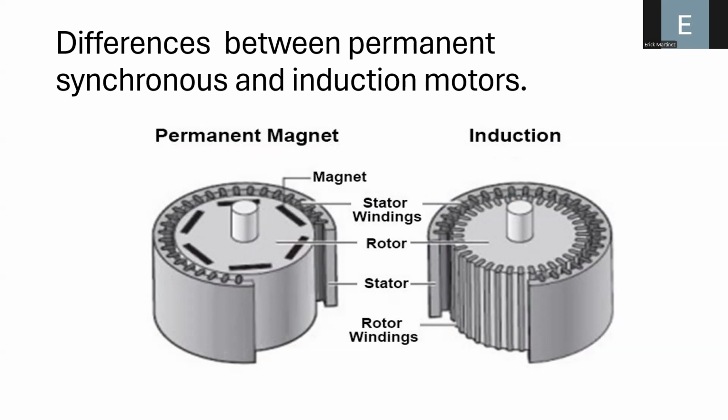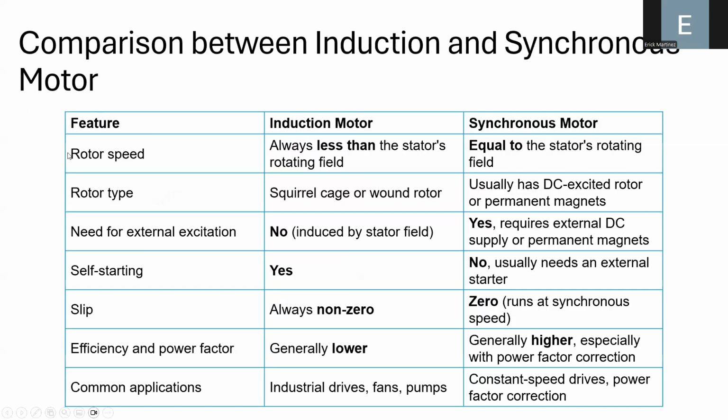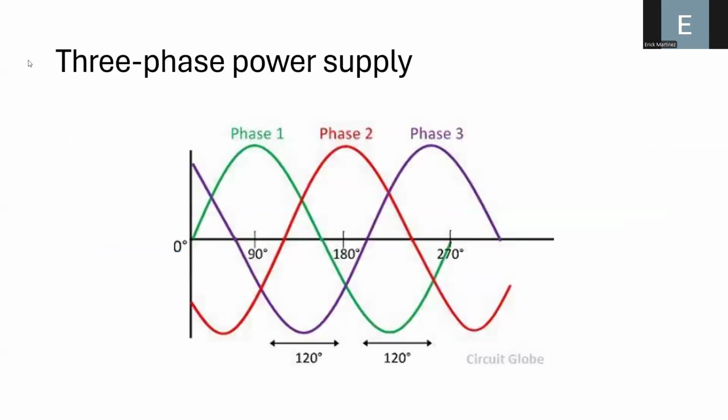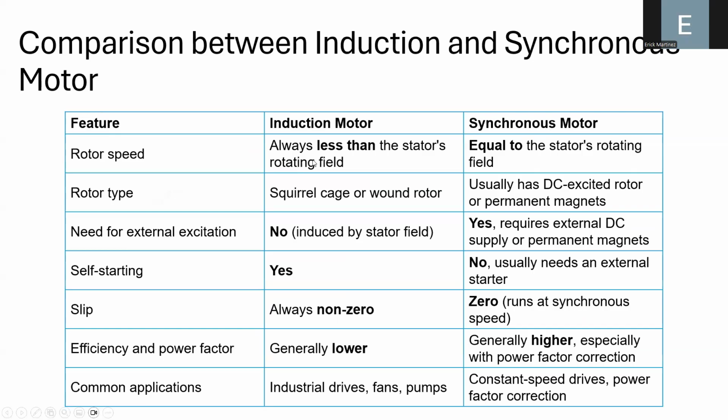And if we make a comparison between induction and synchronous motors, we can summarize them in the following points. The first one is the rotor speed. In the case of the induction motor, it is always less than the stator rotating field. In the case of the synchronous motor, as we stated previously, the rotor speed is the same as the stator's rotating field.